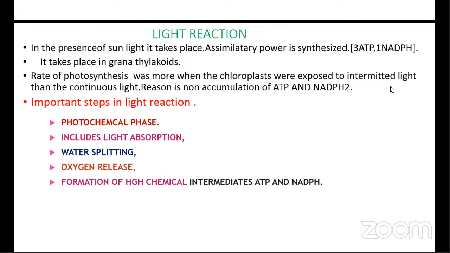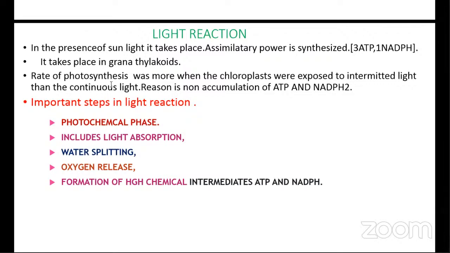Instead of a continuous flow of photons, intermediate light, that means there are breaks between the transmission of light, there should be some interruptions, and that interrupted light helps in increasing the rate of photosynthesis. What is the reason behind this?